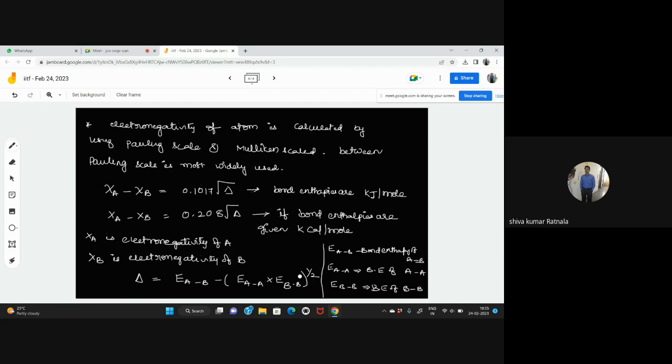Now this is about electronegativity. Likewise we can calculate the electronegativity of all elements.